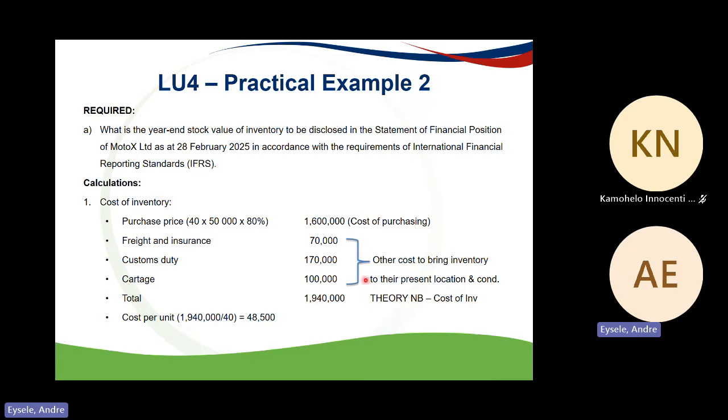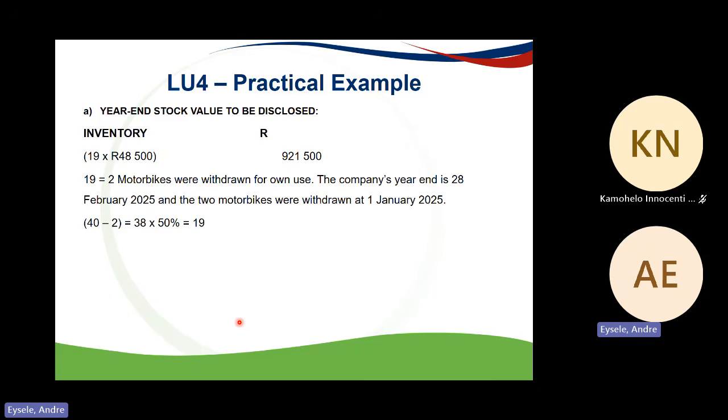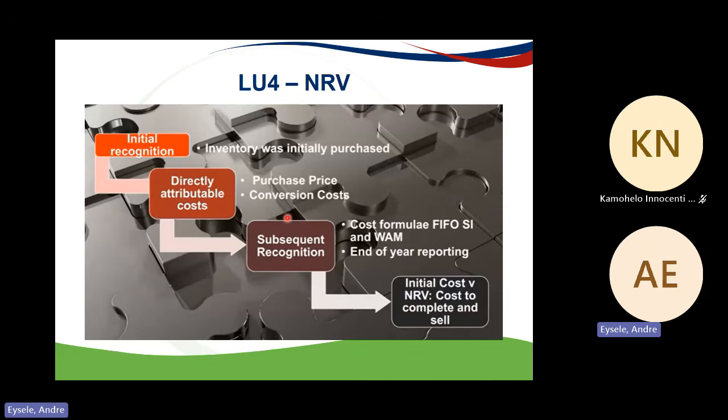You need to deduct the discounts. You need to add all the various items to come to the total cost, and then you divide it by 40, which is the total units that you import. Okay, and then colleagues, there are 2 units that are withdrawn to be used for its own assets, so they become PPE. And then you need to value your inventory according to that. And I gave you the calculations.